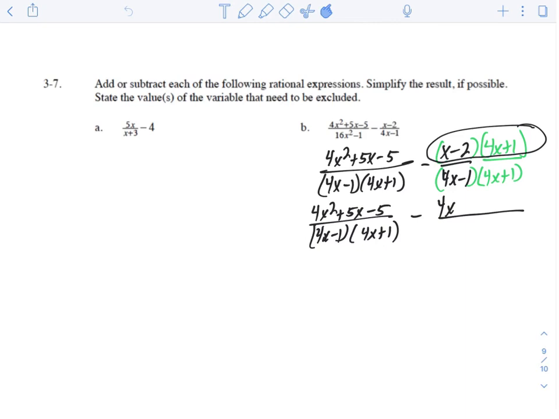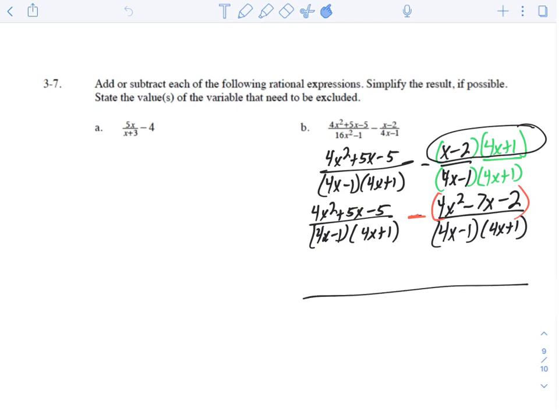So it's going to be 4x squared minus 7x minus 2 over 4x minus 1 times 4x plus 1. Now that you have common denominators, subtract this. And one of the key things to remember is it's going to be minus all of that in the numerator.